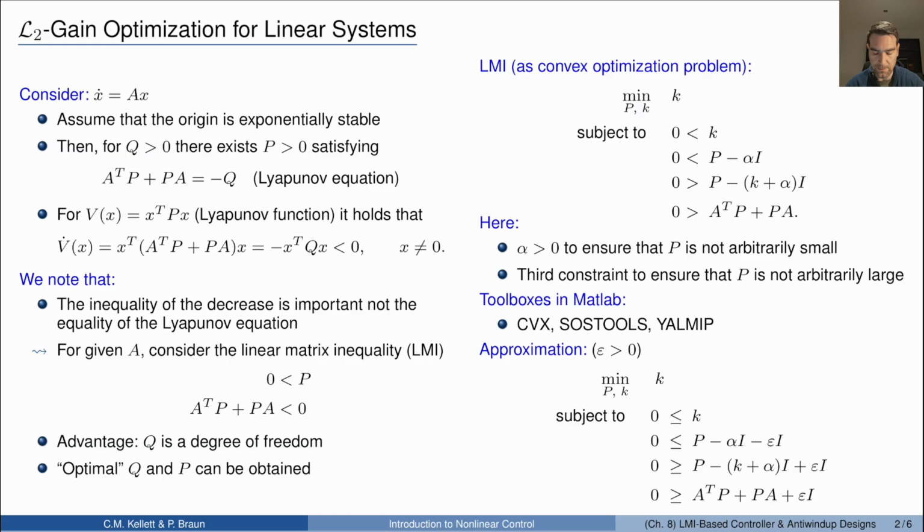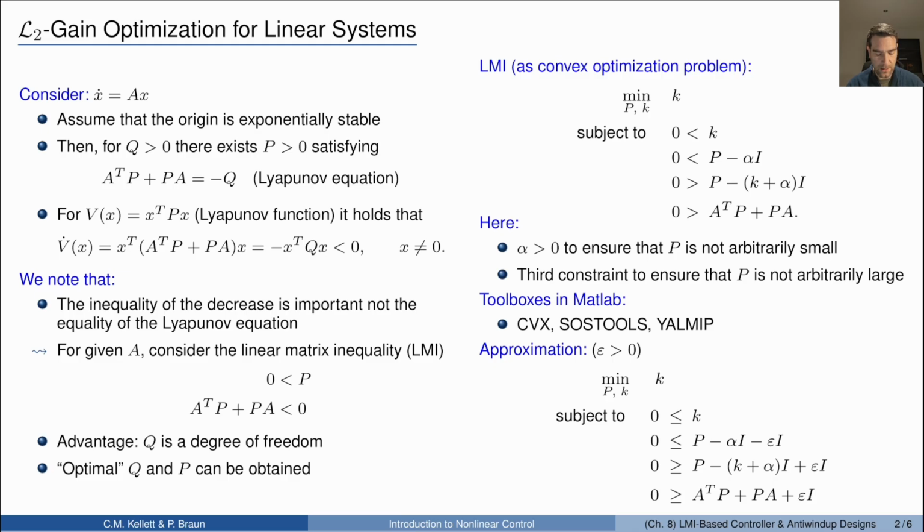Or I should better say approximations of this optimization problem, because to actually solve them, it is better to rewrite the inequalities here in inequalities of this form, so having less or equal to, and to make sure then that still this optimization problem here is satisfied, we can introduce a small parameter epsilon and add it in the corresponding equations where necessary.